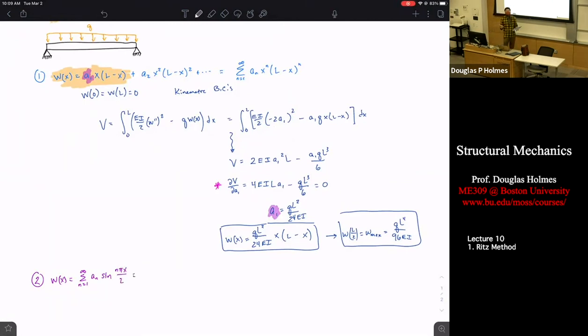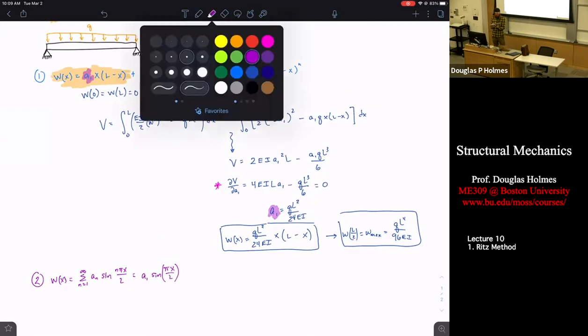And just for the sake of making the work not awful and also comparing apples to apples, let's just look at A1 sine pi x over L. So just that first term in this case.